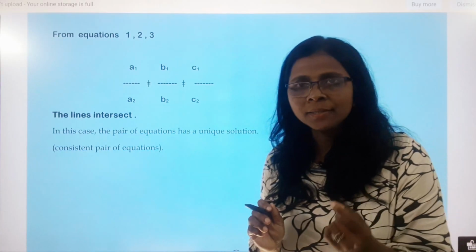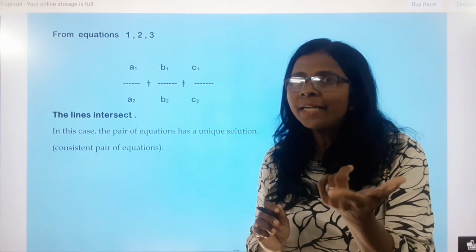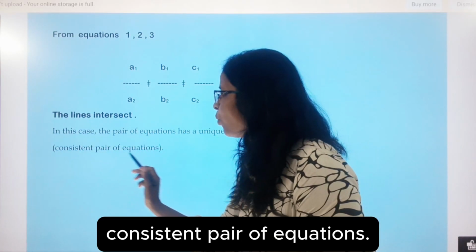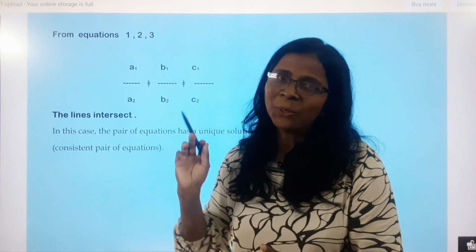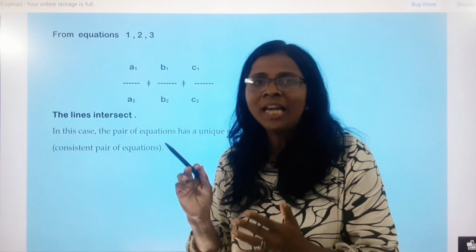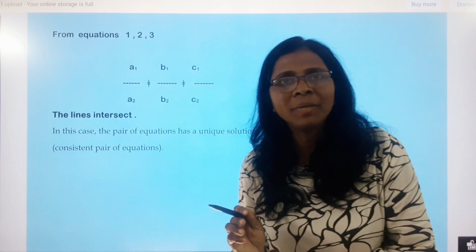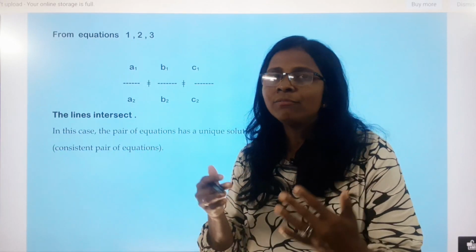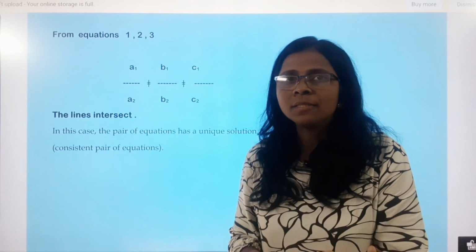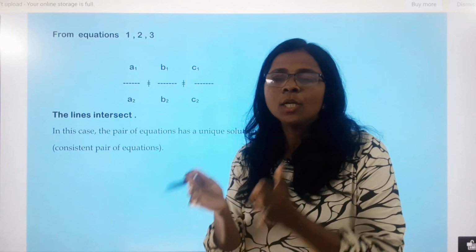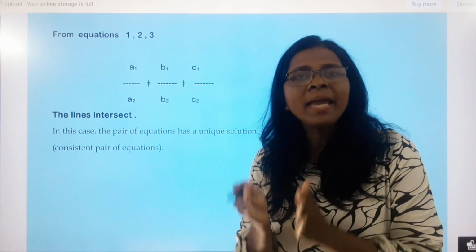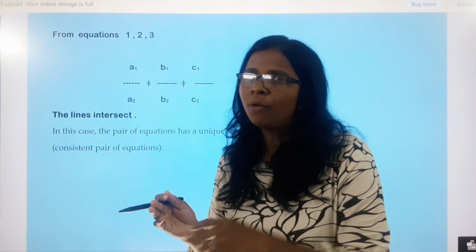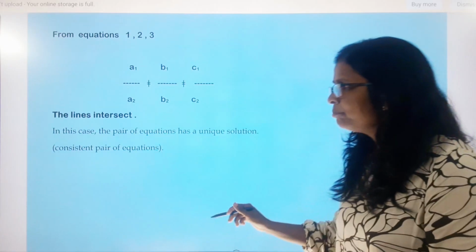The pair has a unique solution, and that means finally we can say it is a consistent pair of equations. Okay, a pair of linear equations in two variables is consistent. So this way we can find out the consistency or inconsistency of a pair of linear equations in two variables. Now let us see another example.